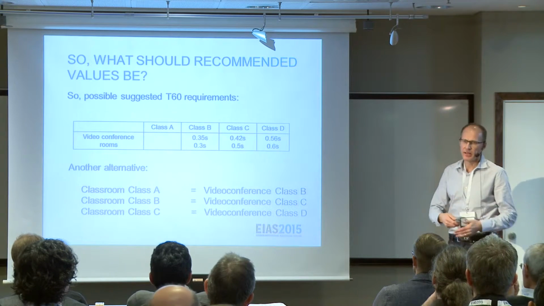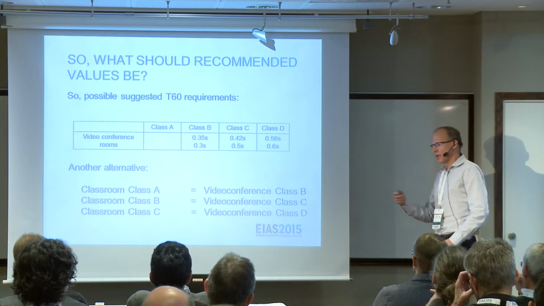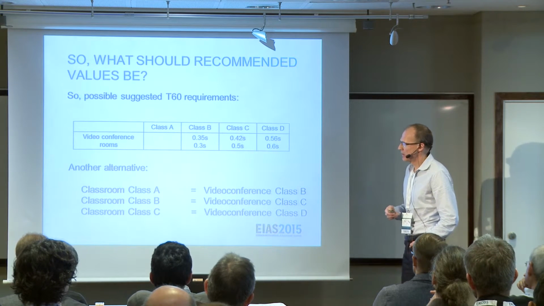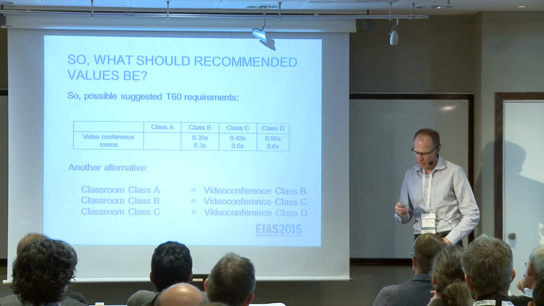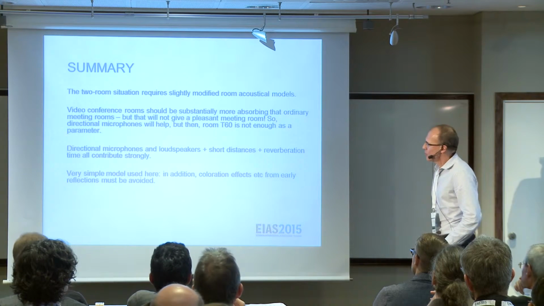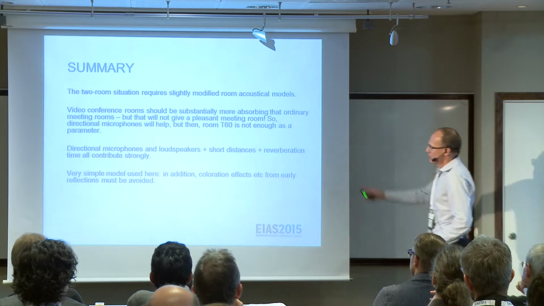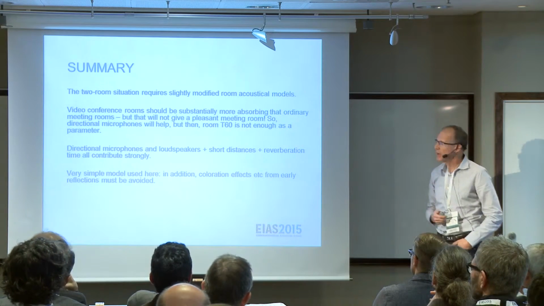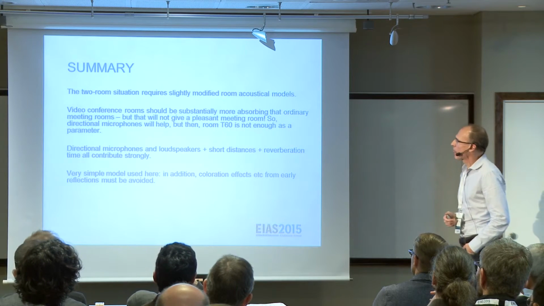A little bit like Erling said, when we do an initial study, we can identify situations that need to be studied further. So to round this off, I try to point out that the two-room situation requires slightly modified room acoustical models.